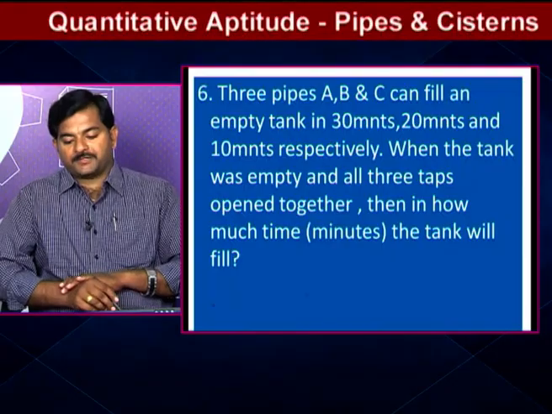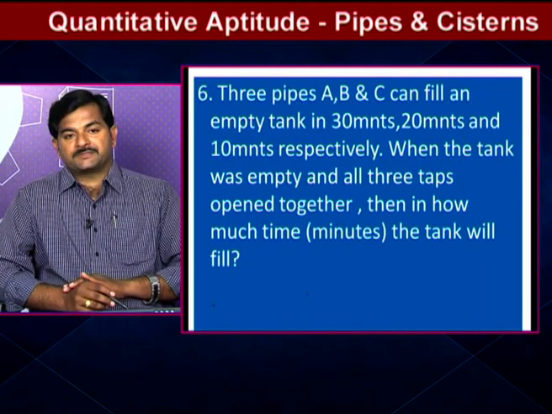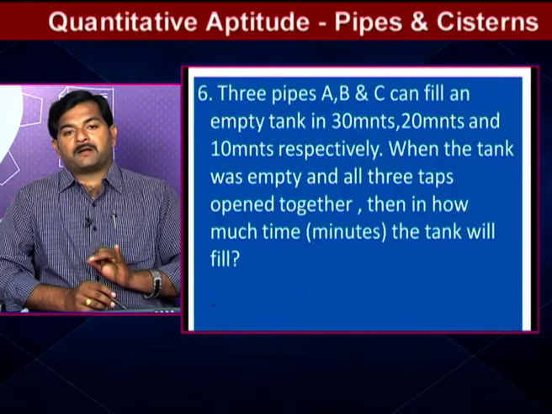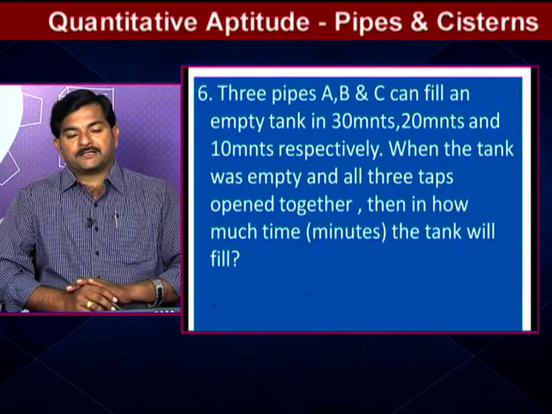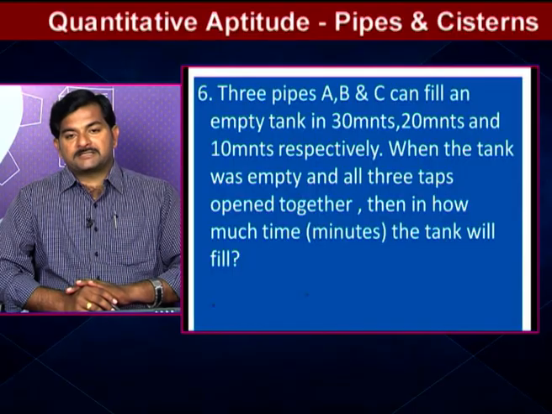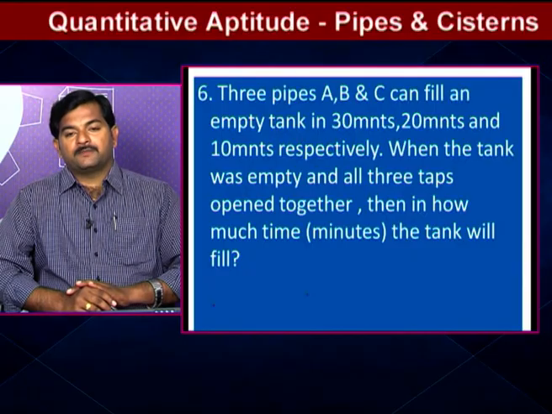Okay, question number 6. It is also a beauty question. 3 pipes, capital A, comma B and C, can fill an empty tank in 30 minutes, 20 minutes and 10 minutes respectively.